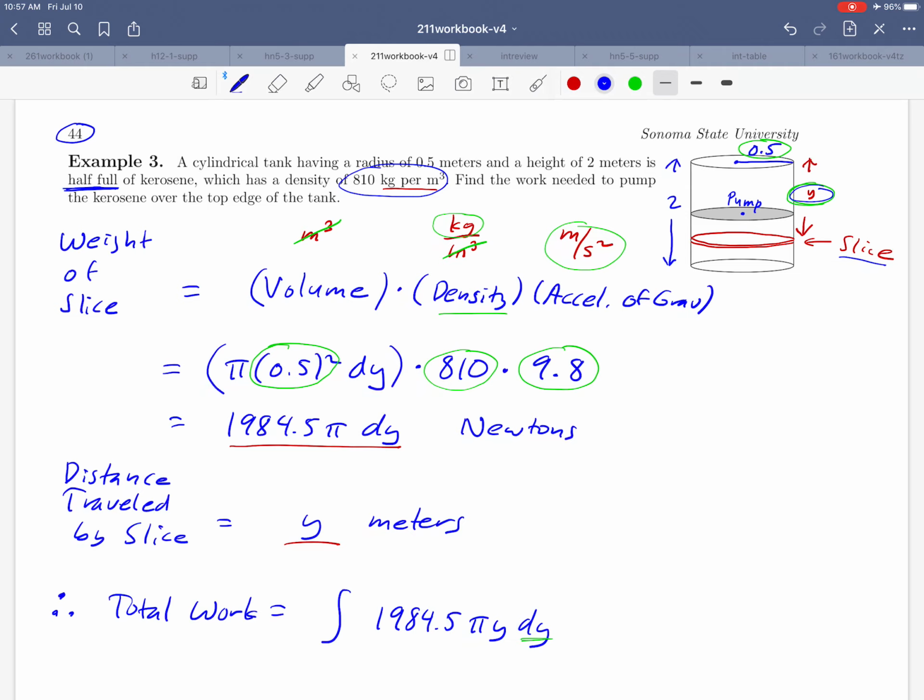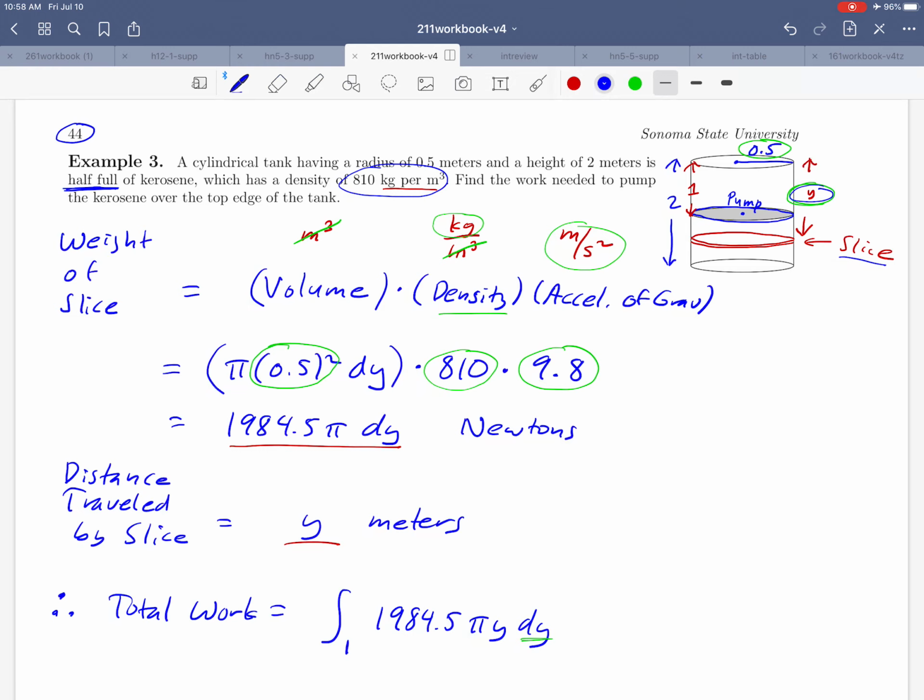Out of all of the slices of kerosene in our tank, what is the smallest distance that a slice would have to move? Well, that would be the slice that's halfway in the middle of the tank, on the top. And notice that that has to move half of the height of the tank, 1 meter. So the smallest value of y is going to be 1, because that top slice just has to move 1 meter.